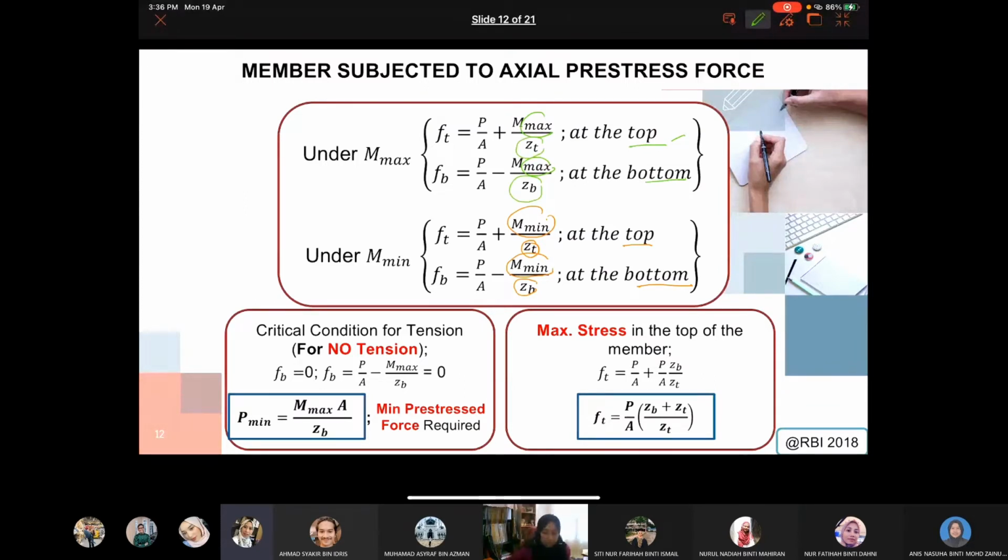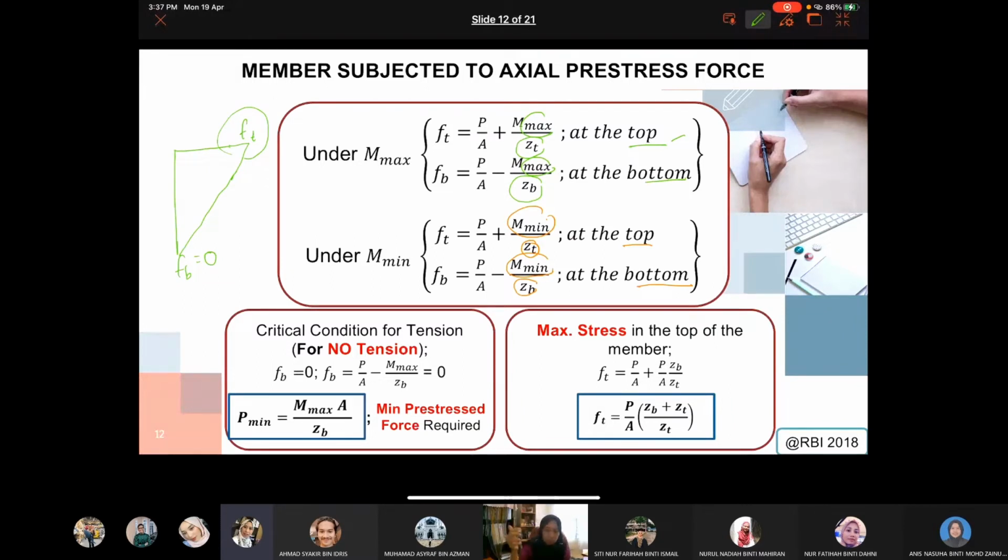Okay, so next we will see in terms of this equation, can we calculate the minimum pre-stress force required? Yes, you can calculate the minimum pre-stress force required by considering that there's no tension. So how to consider it? By taking the triangle. So this is your top stress, this is your bottom stress, and your bottom stress is equal to 0. It means that your maximum stress will be at the top.